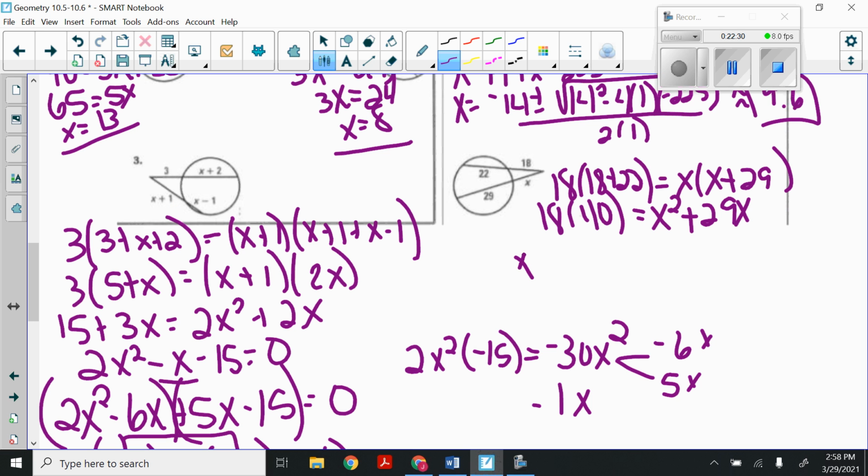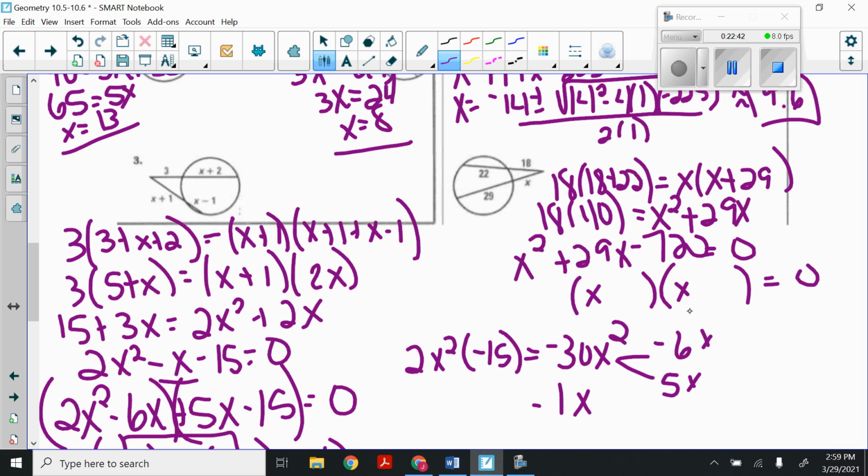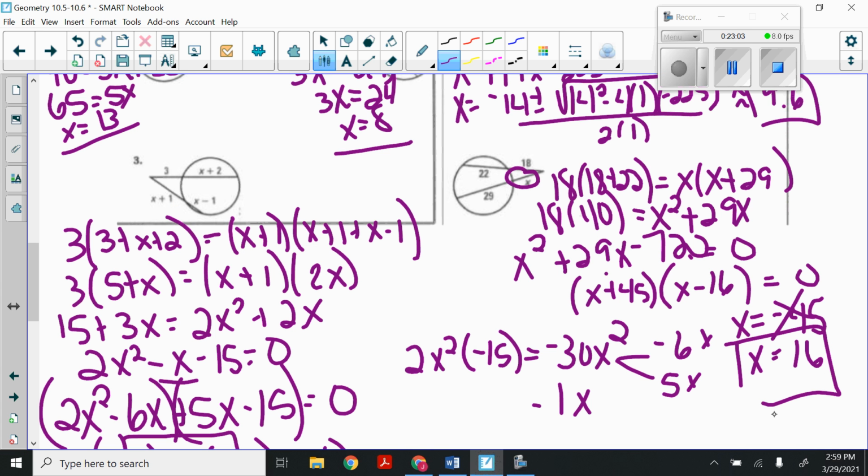Move everything over, so I get x squared plus 29x minus 720 equals 0. This one will factor. So x and x, remember I'm looking for what can I multiply together to get -720, but add to get 29. So that is going to be a positive 45 and a -16. So then when I set both of those equal, I get x equals -45 and x equals 16. I'm finding x, a length. -45 doesn't work, so x equals 16 is my answer.